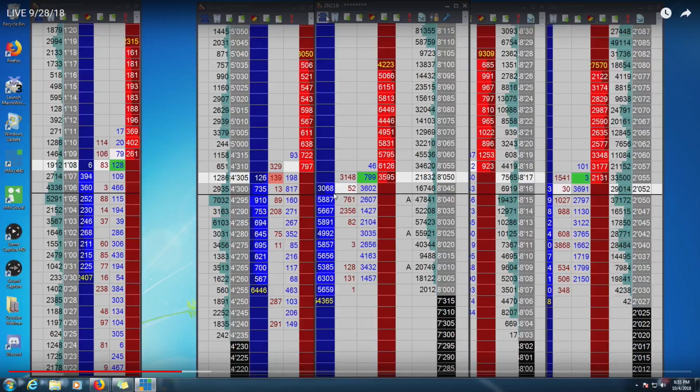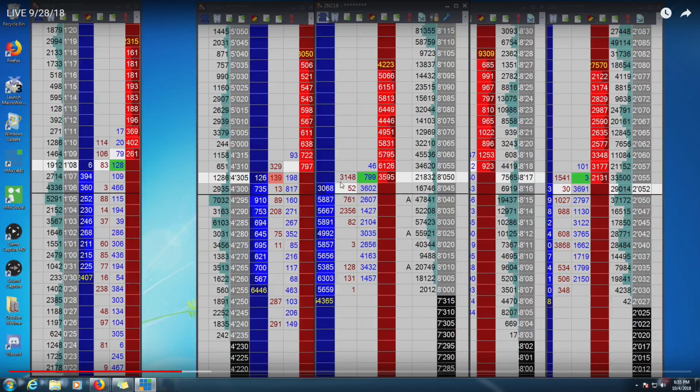So currently we have 3,068 contracts on the bid at the current price. We have 3,595 contracts on the ask on the sell side. Now, these inside numbers are my market orders. Currently, 52 sellers have sold into the bid over here.